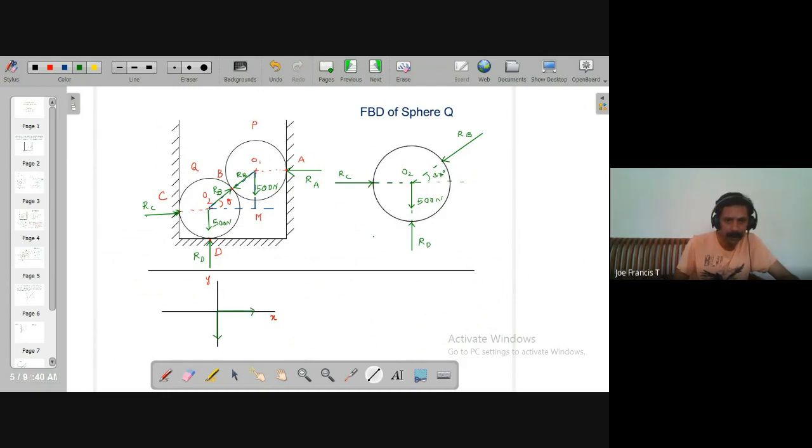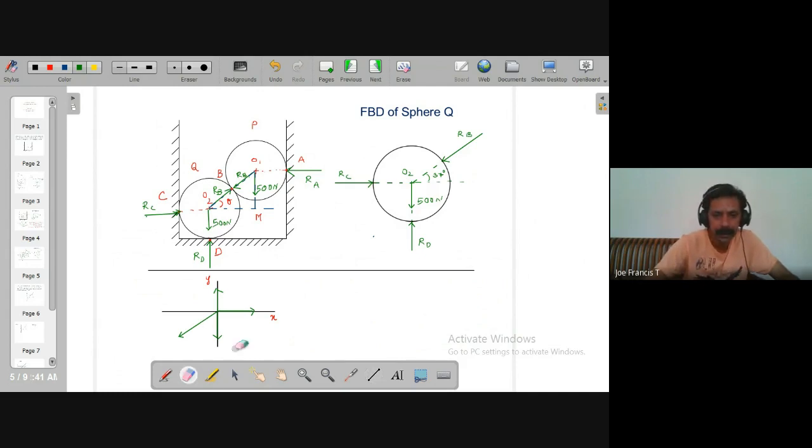RD vertically up. And then RB acting inclined.